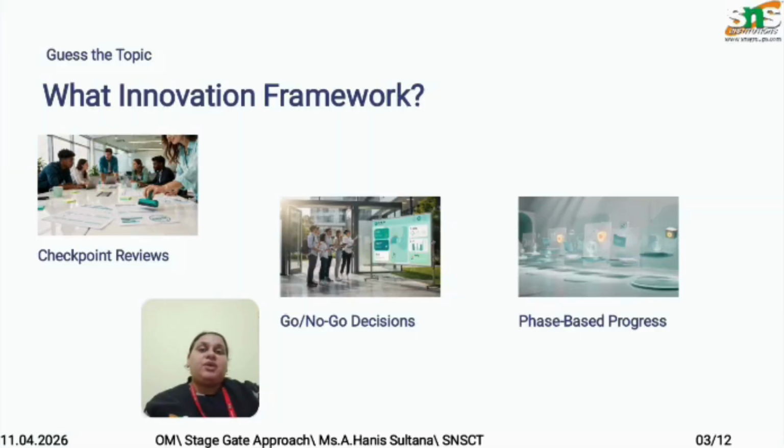Next we have phase-based progress. If we have four to five stages of production, we check whether we need any changes in the second phase or the third phase, which will bring additional output or reduce the time of the production process. This is how the innovation framework has been created.